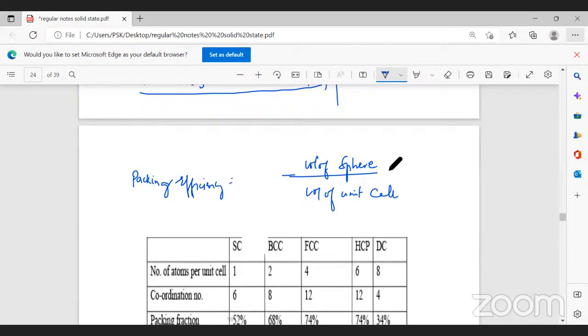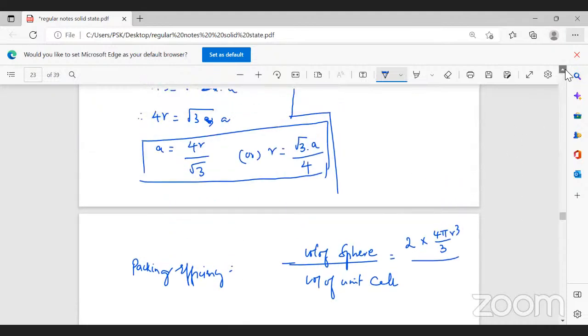All right. So volume of the sphere is 4 by 3 pi r cube. But since it is body centered cube, I should multiply it by 2, because the body center contribution is 2. Divided by the volume of this unit cell.